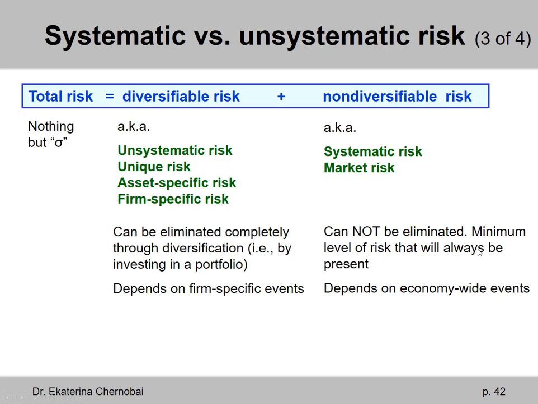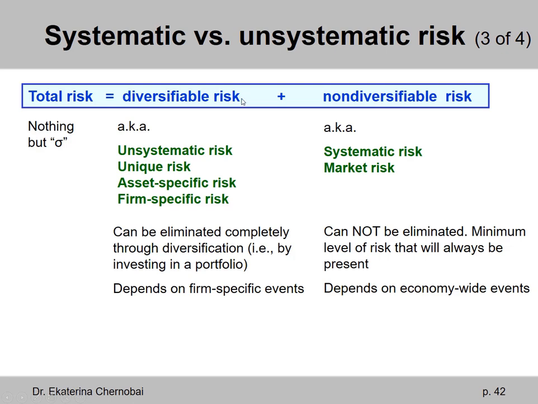So this is something you cannot diversify away because it's not like the loss on some particular company's stock in your portfolio is canceled out by gains on other stocks in your portfolio at the same time. No, at exactly the same time, you see losses across the board in your portfolio. So you have an overall portfolio return drop, right? You cannot get rid of it.